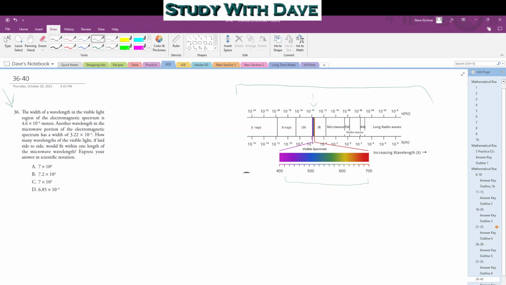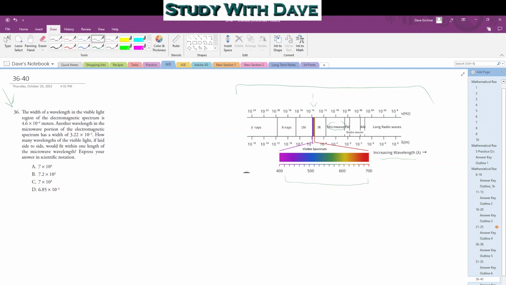So the width of that spectrum is 4.6 times 10 to the negative 6 meters. Another wavelength in the microwave portion of the electromagnetic spectrum has a width of 3.2 times 10 to the negative 2. And here's the microwave spectrum here. So as you can see, as we go to the right, the wavelength is increasing.